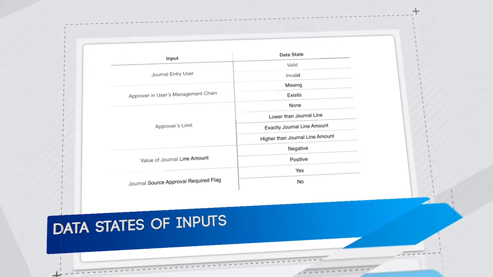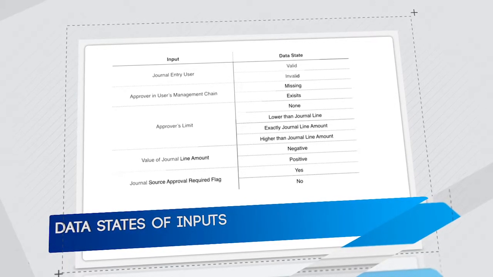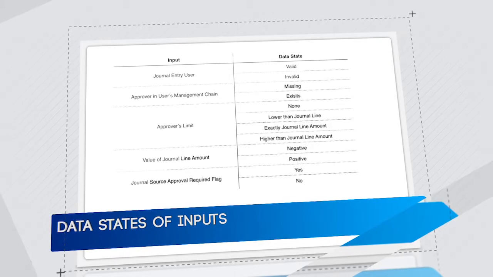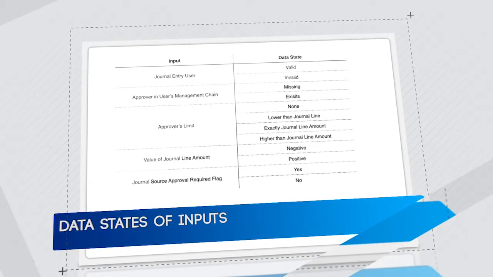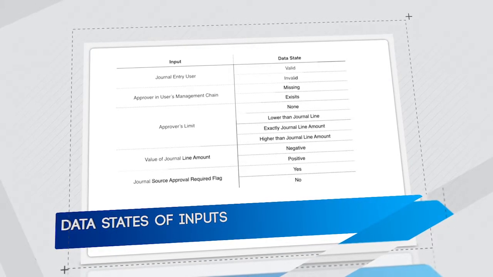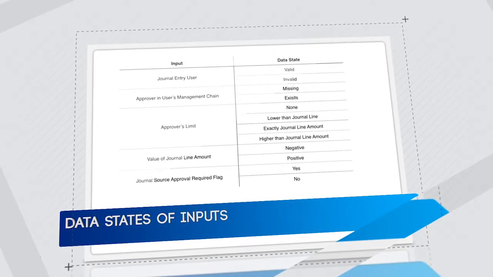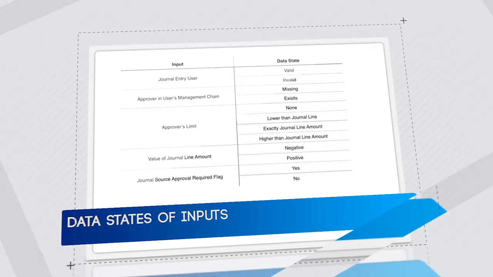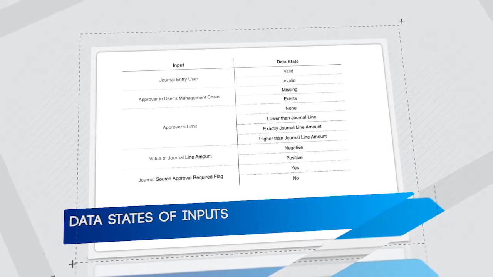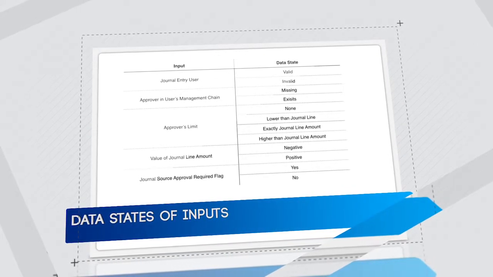The approver's limit could be none. So it goes to the approver limit table, doesn't find anything. Or it can be less than the journal line. It can be exactly the same or more. So the approver's limit has 4 different data states that we can say.